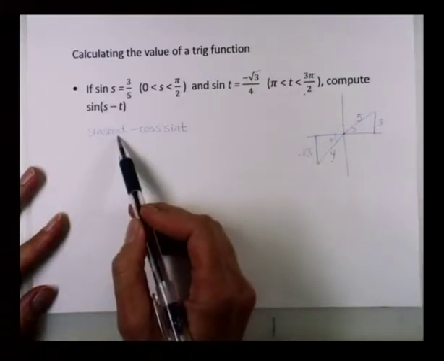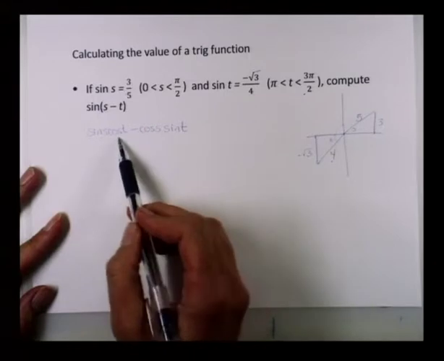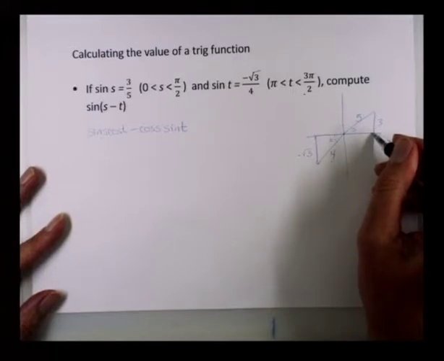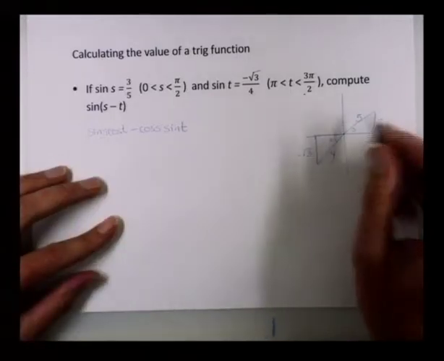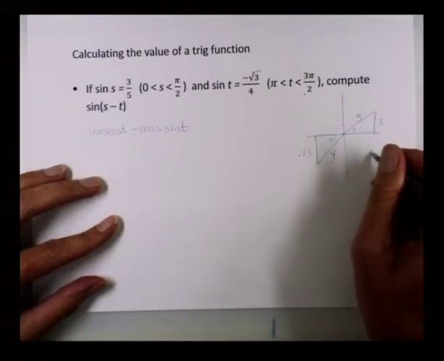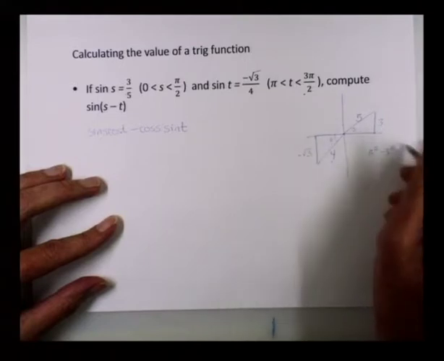I am going to need to know the cosine values of each of those angles though, cosine of s and the cosine of t. Using my reference triangles, if I find this missing side, I will be able to get the cosine. So I'm going to use the Pythagorean theorem. I'm going to say that 5 squared minus 3 squared is equal to, I'll just call this b squared.